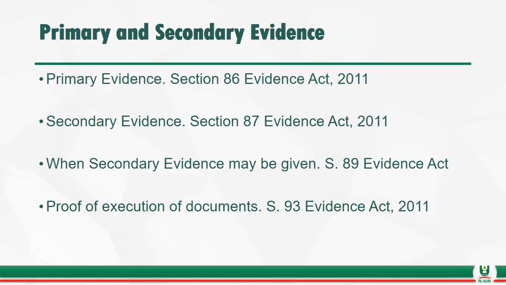So section 86 tells us what is primary evidence. It is the document itself, the original document itself, produced in evidence. That is the primary evidence. And if the document was executed in several parts, each part is a primary evidence. But if the document is a photocopy of the original, that's not a primary evidence. That actually belongs to secondary evidence.